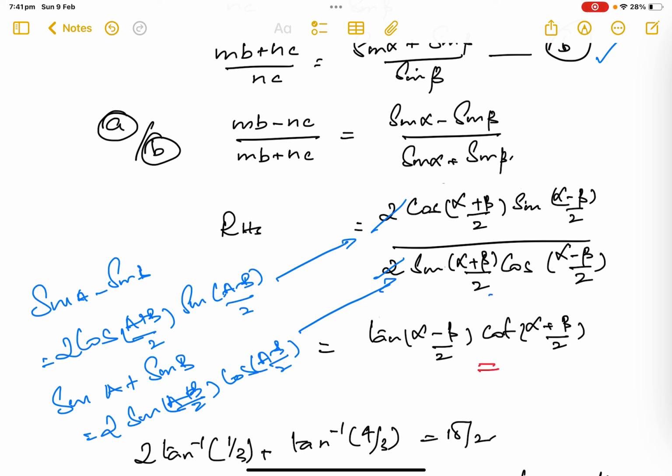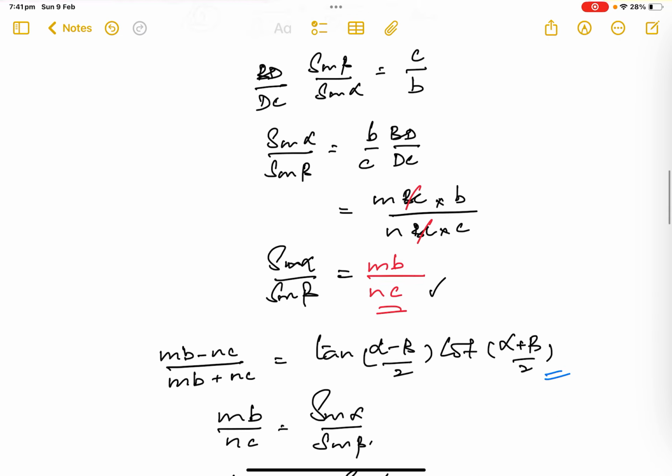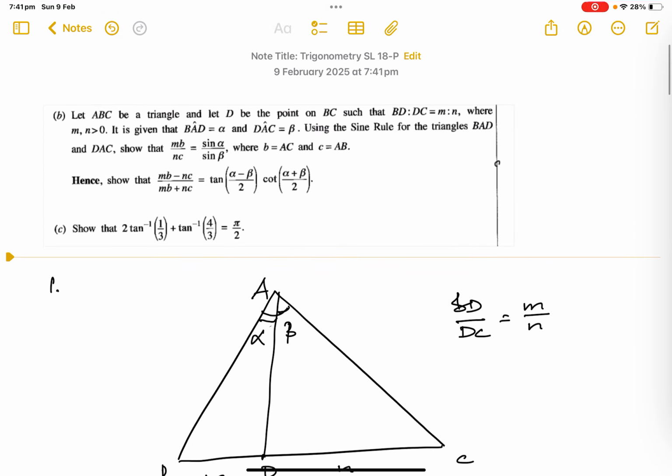That is cot (alpha plus beta) over 2. Then sine (alpha minus beta) over 2 over cos of this, and that is tan. So therefore, tan (alpha minus beta) over 2 times cot (alpha plus beta) over 2. That is what we have been asked to show.